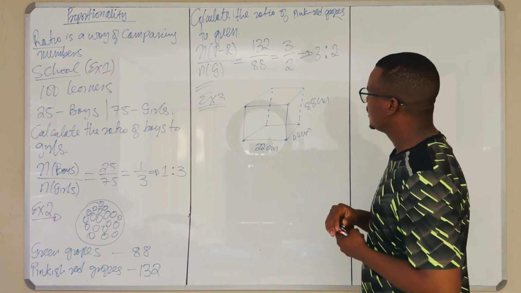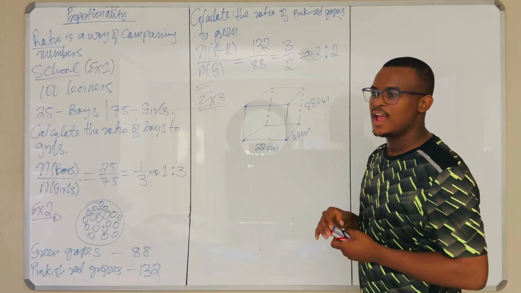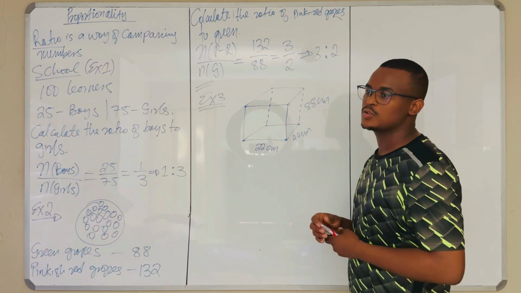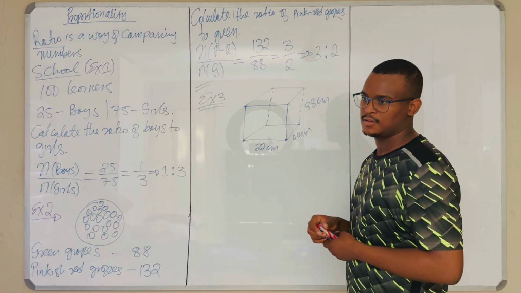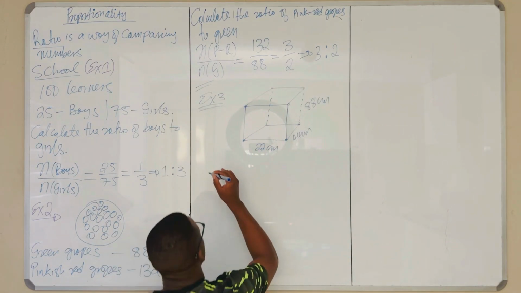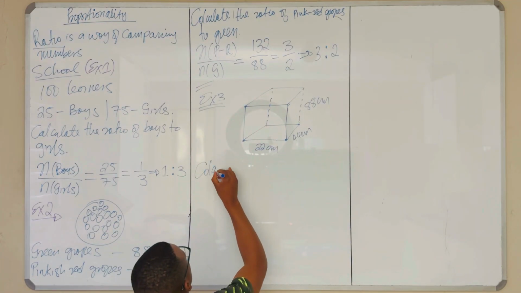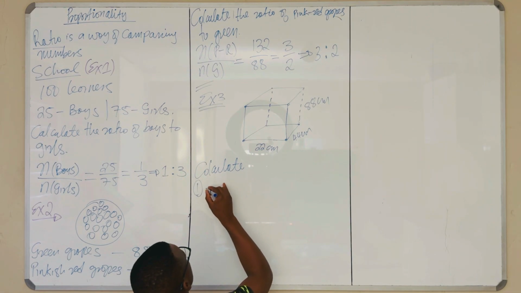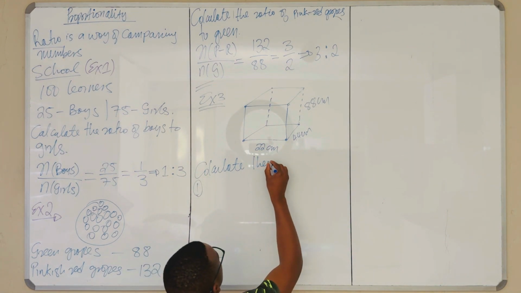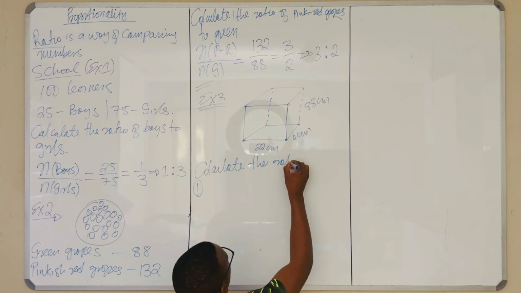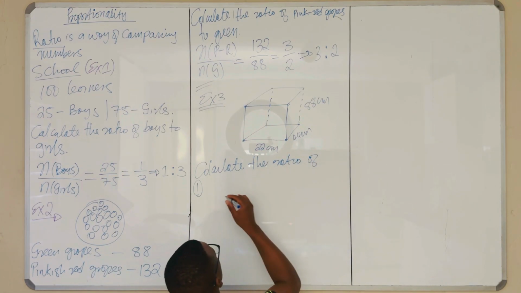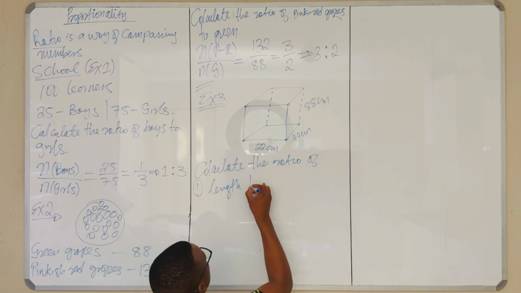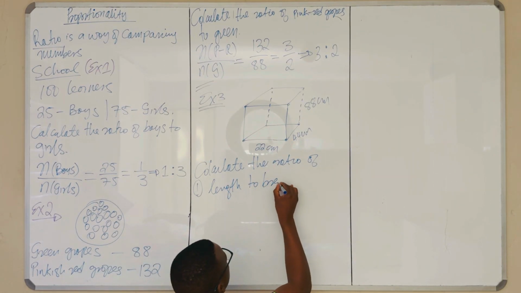So let's say now you are asked to find the ratio of the length to that of the breadth. Calculate the ratio of your length to that of the breadth.